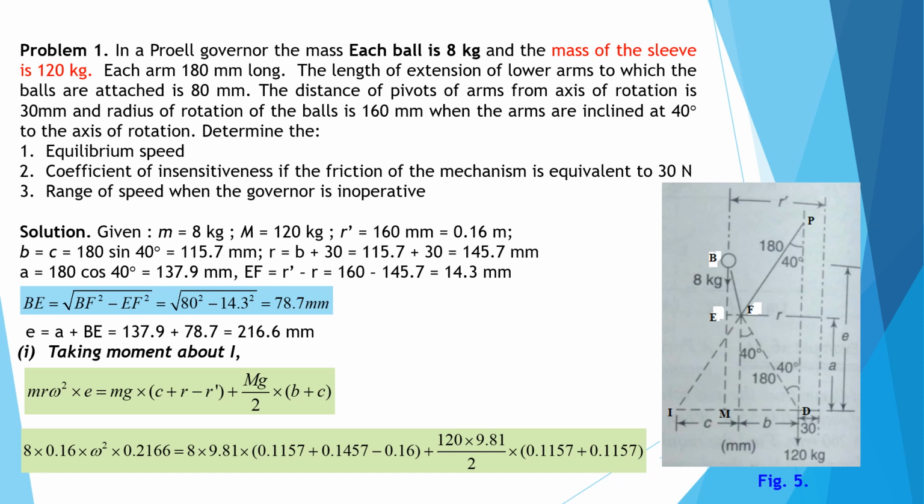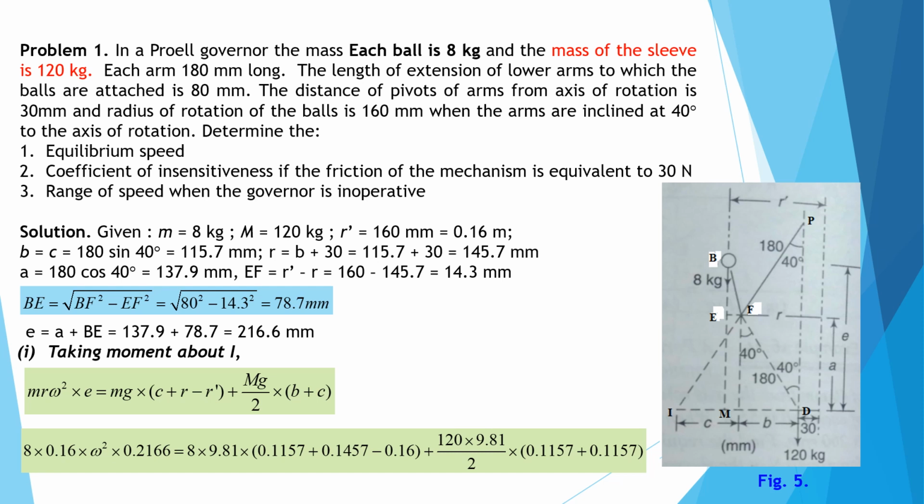In a Proell governor, the mass of each ball is 8 kg and the mass of the sleeve is 120 kg. Each arm is 180 mm long. The length of the extension of the lower arm to which the balls are attached is 80 mm, the distance of the pivot of the arm from the axis of rotation is 30 mm, and the radius of rotation of the ball is 160 mm when the arms are inclined at 40 degrees to the axis of rotation.